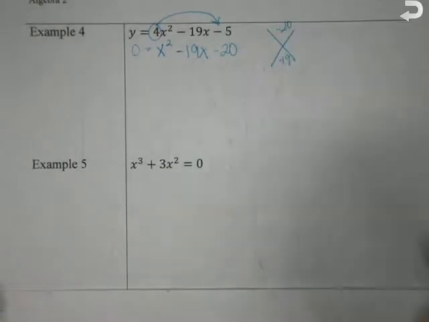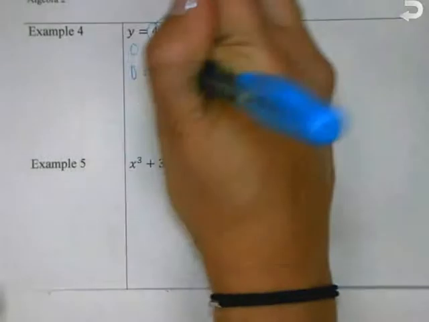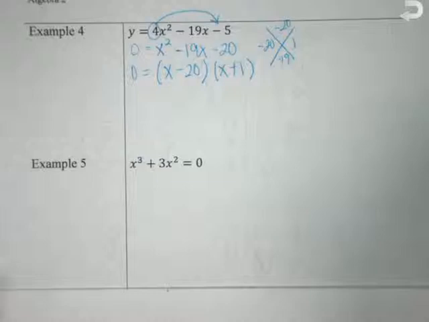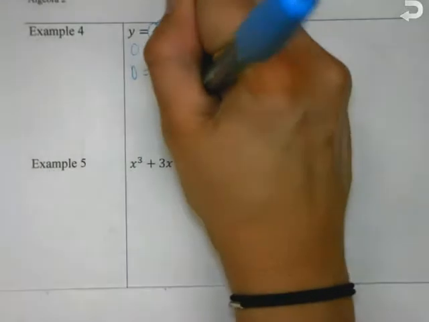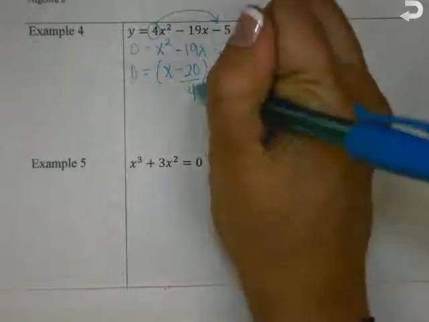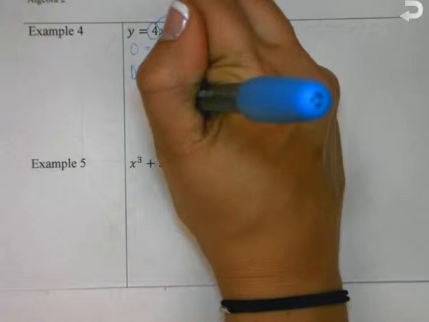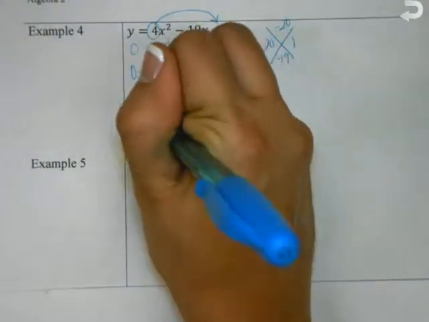So that gives me x minus 20 times x plus 1. And then what do I do? Who's 35? Ashley? You divide it by 4. Excellent. We divide everything by 4. 4 goes into 20 evenly 5 times, and then we bring the bottoms up. So all of that factors to x minus 5 times 4x plus 1.